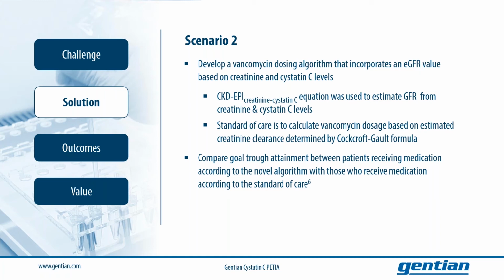And to compare the performance of the two algorithms, investigators conducted a prospective study that evaluated the steady-state goal trough achievement between ICU patients whose doses were calculated according to the current standard of care, using the Cockcroft-Gault equation, and patients whose vancomycin doses were calculated according to the new Cystatin C-based dosing algorithm.